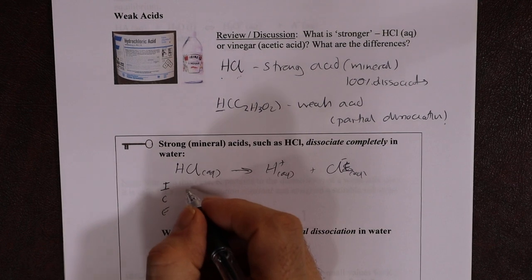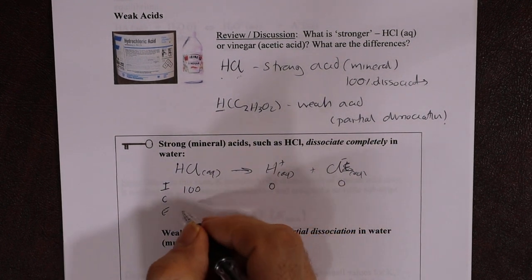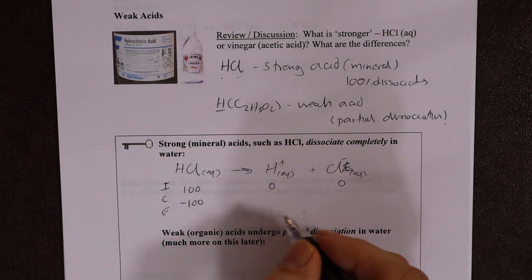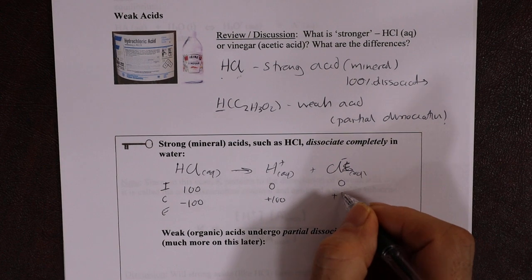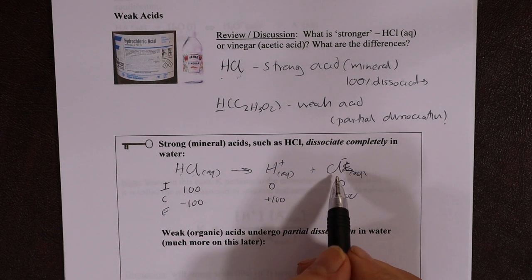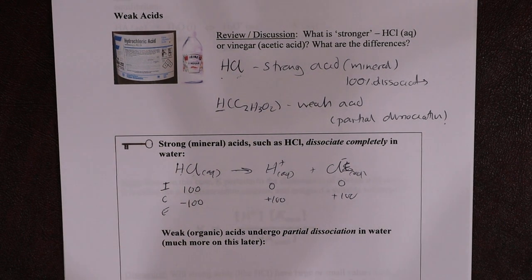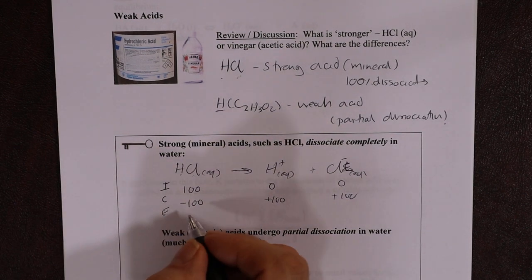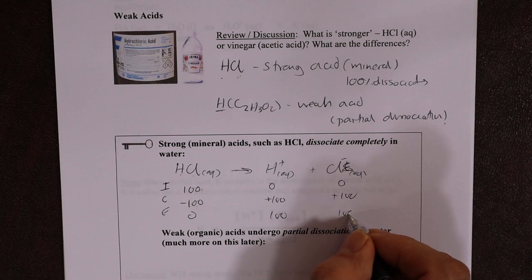ICE: initially 100 molecules, 100%, 0 and 0. Every molecule breaks apart. I make 100 H plus and 100 Cl minus. Two passengers per car. The car stops, two people get out. 100 cars stop, 100 guys and 100 girls get out, if that makes sense. What's left at equilibrium? Just the difference: 0, 100, 100.